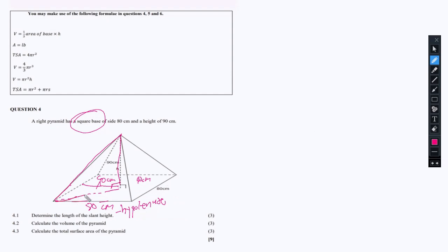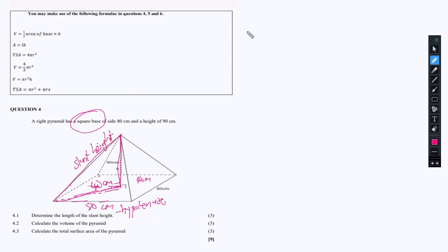It's a bit tricky if you have to view it in 3D, right? But you always have to understand that the length you have here as your base will be half the length of the square base. So here this is 40 centimeters, this is 90 centimeters, and the slant height that we are looking for is this. So it's a bit confusing.